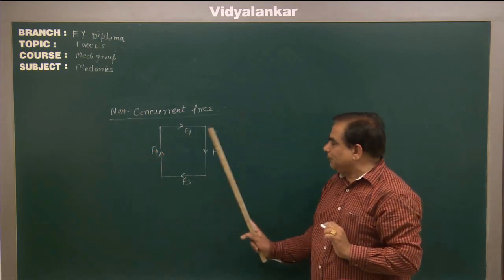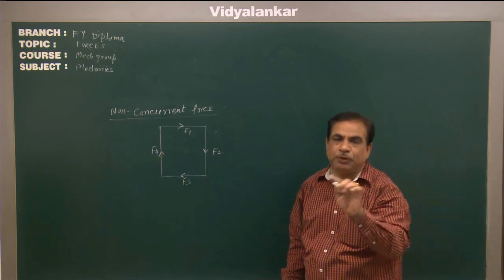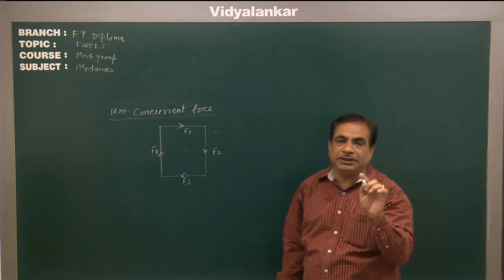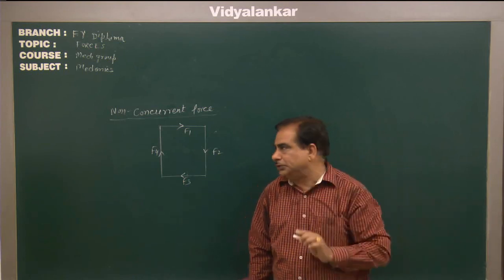There are four forces, F1, F2, F3, F4, and all four forces are acting at different points. If the forces are acting at different points, they are known as non-concurrent forces.